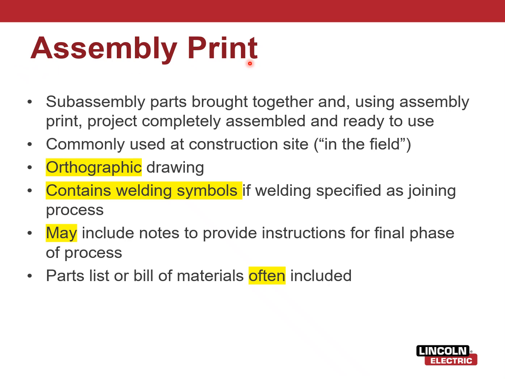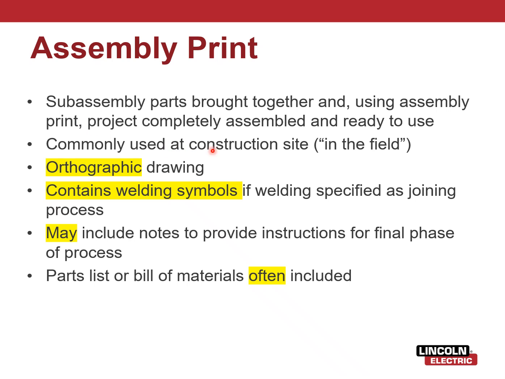All right, assembly prints. So sub-assembly parts are brought together, and using the assembly print, the project is completely assembled and ready to use. Okay, so again, you can have multiple sub-assemblies, and all the sub-assemblies get put together in the assembly print. And the assembly print should be what that finished product is, all the components together.